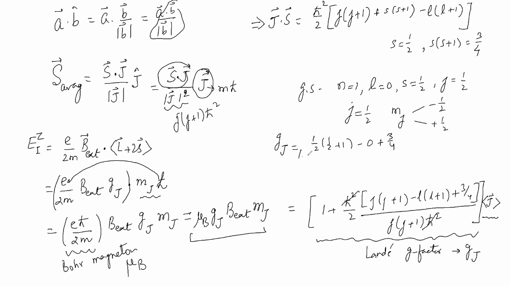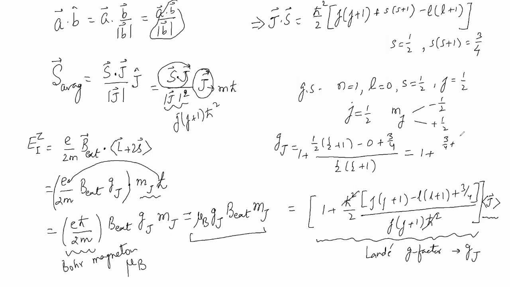This is Gj, the square bracket. And how much is this? This will also turn out to be 2 plus 1, 3 by 4 plus 3 by 4 upon 3 by 4.